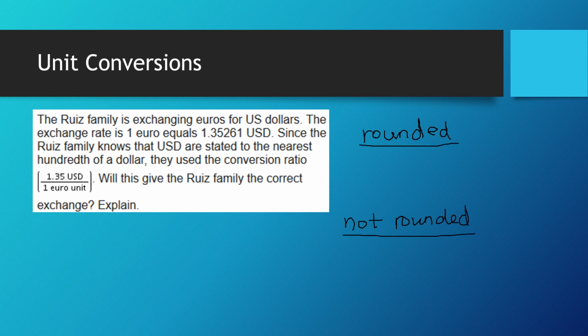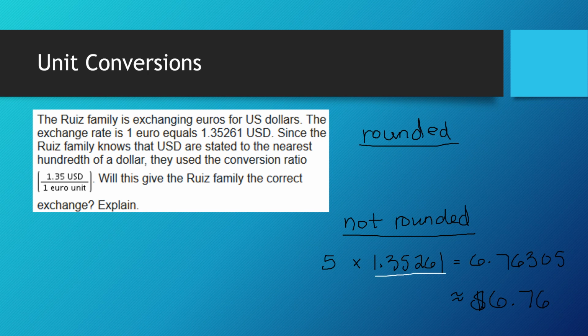When I don't round and I do 5 euros times 1.35261, I'm going to get 6.7305, which would then round to $6.76. That would be the conversion if I use the entire conversion ratio, the long one.